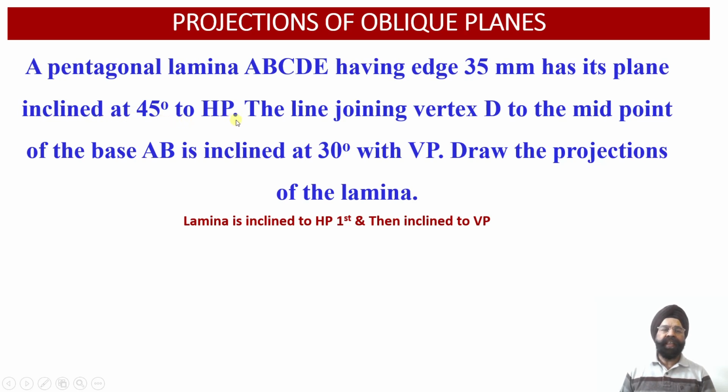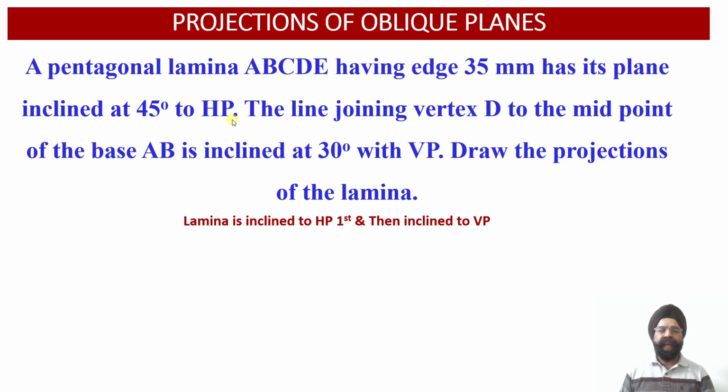Now since the first angle of inclination of the surface of this lamina happens to be with respect to the horizontal plane, therefore to begin with we are going to assume that this pentagonal lamina lies in the horizontal plane. That is, we are going to obtain the true shape projection of this lamina onto the horizontal plane in the top view.